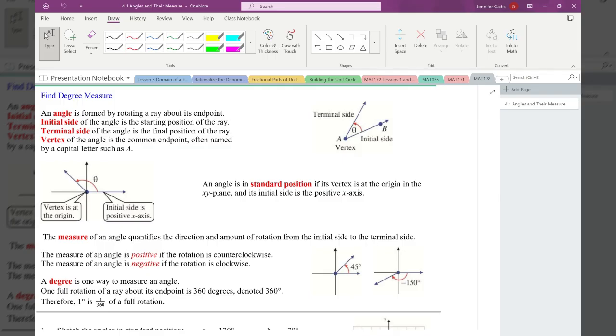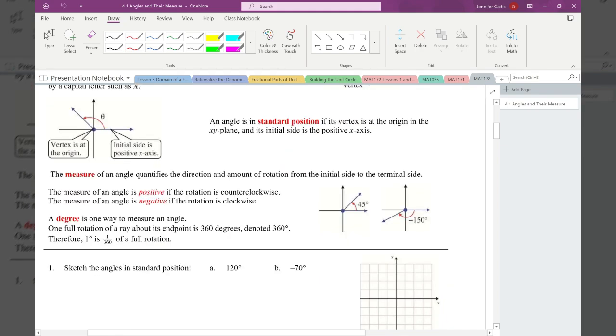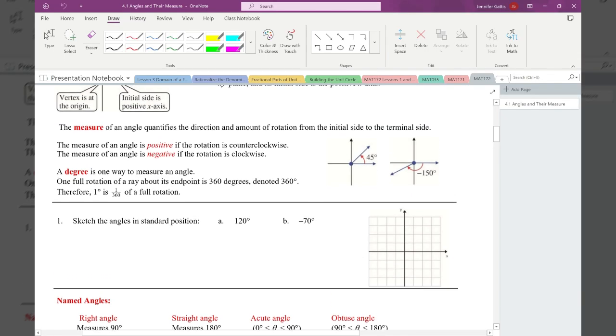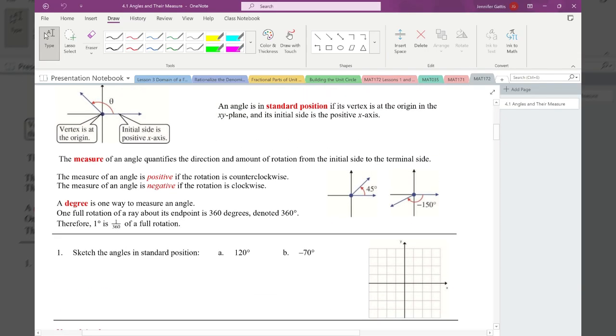So what does it mean if an angle is in standard position? Well, an angle is in standard position if the vertex is at the origin and the initial side is along the positive x-axis.